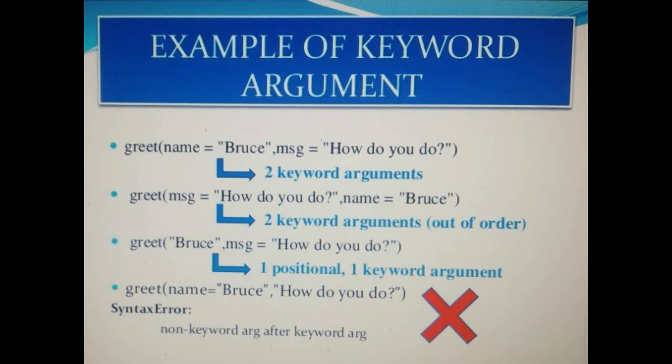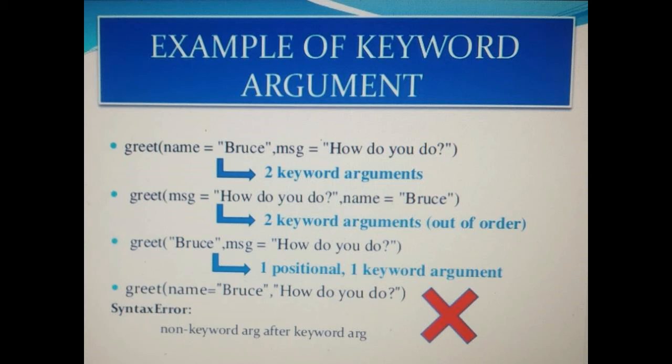In the third one, name is the first argument, but name is not used as a keyword, mind it. That's why we can write Bruce directly, and it will be accepted as the name, and the second one is msg as a keyword, and it has its value. Meaning one positional argument and the second one is a keyword argument.